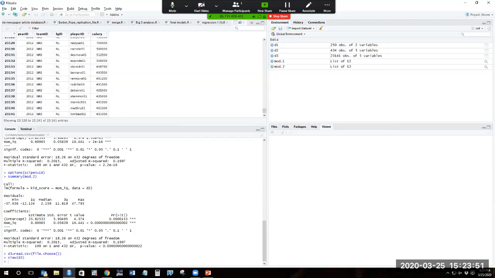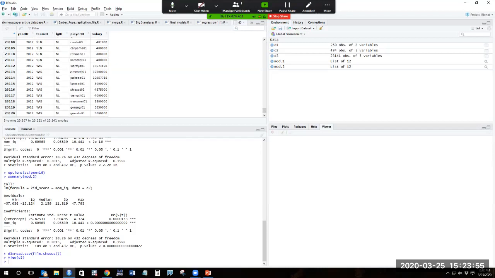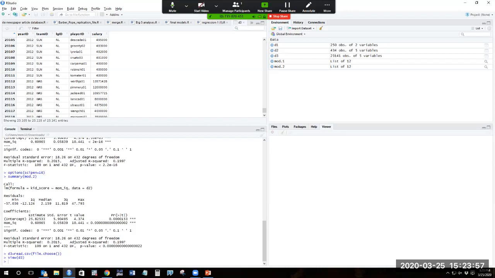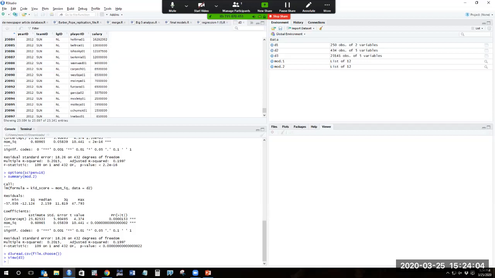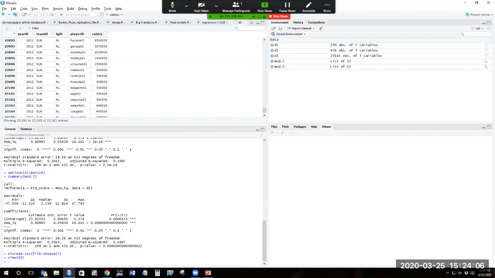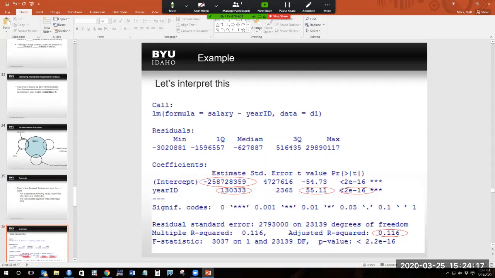And in Washington, they seem to be making more money in 2012. My guess is 480,000 is the minimum wage in that year, because lots of people are making that much. Anyhow, we want to know, do salaries go up over time? That's our question. Is there a significant relationship between salary and the year? Or does year predict salary?